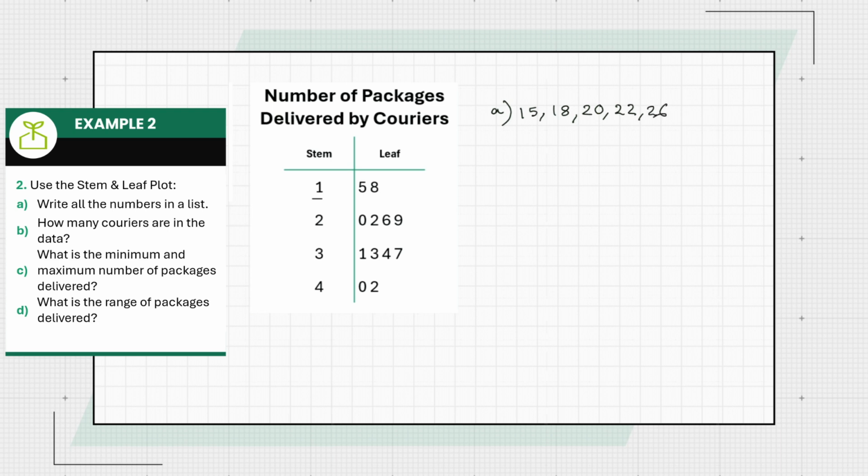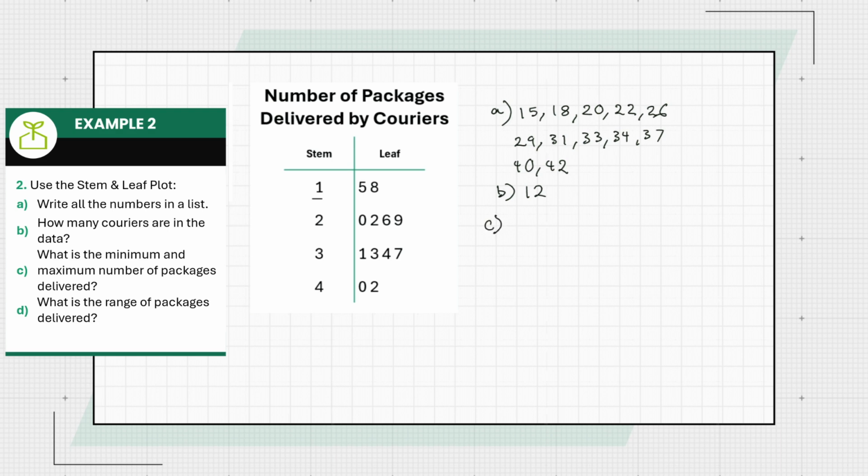And then we have 29, 31, 33, 34, 37, and then we have 40 and 42. So there are all our data values. How many do we have? We have 12. So we have 12 couriers represented by this data.